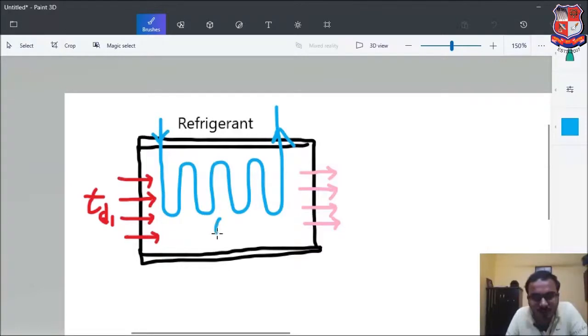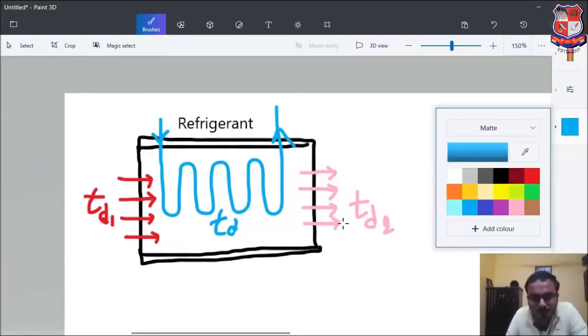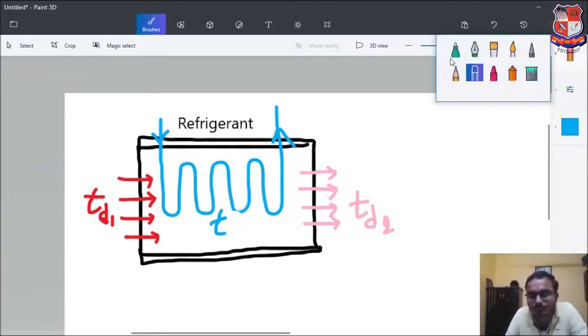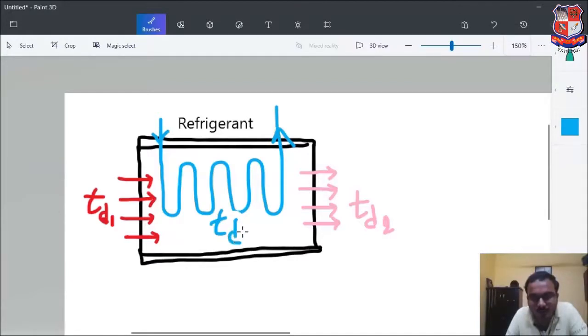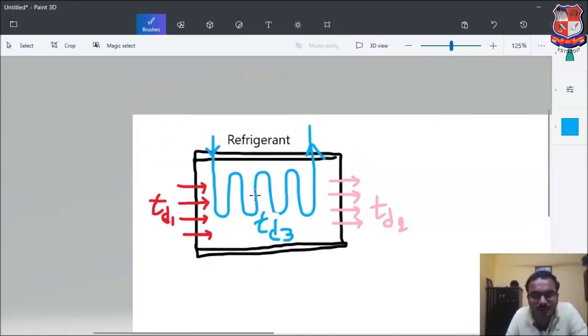This refrigerant will be at TD3. Okay, so again to reiterate, we are using a refrigerant which is at TD3.